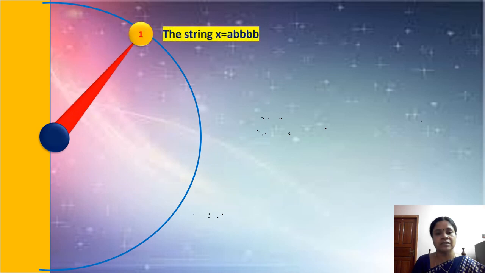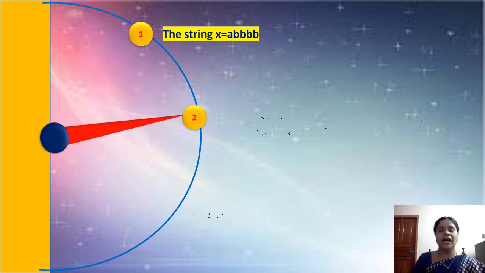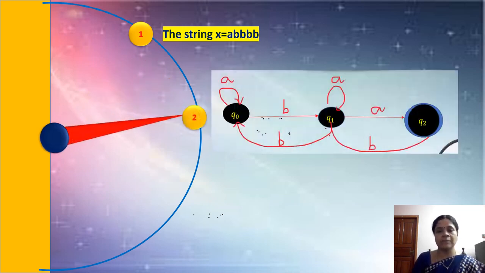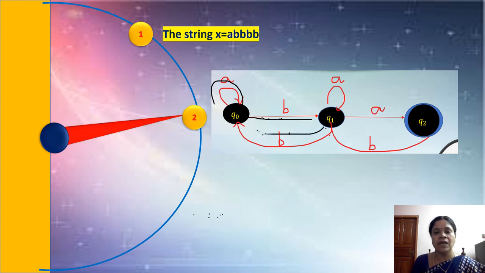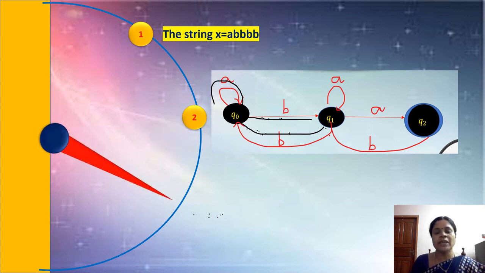Next, we take another string, that is x equal to A, triple B, B. Here we again have the transition diagram. Let us start with the symbol A, so it goes from Q0 to Q0. Then it reads from Q0 to Q1 the alphabet B, and it goes from Q1 to Q0 with alphabet B. That's all we can read.